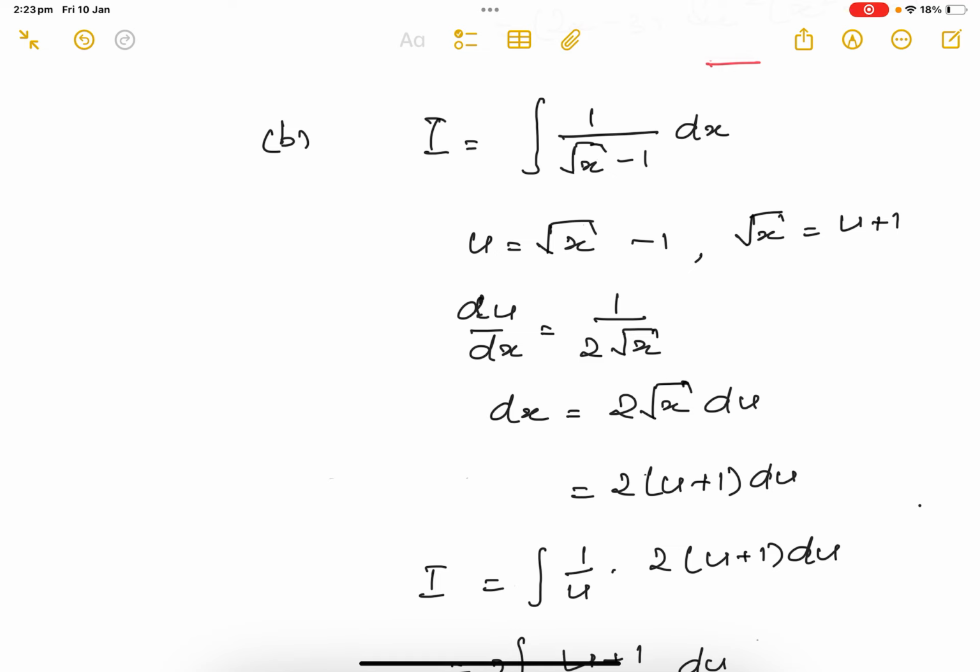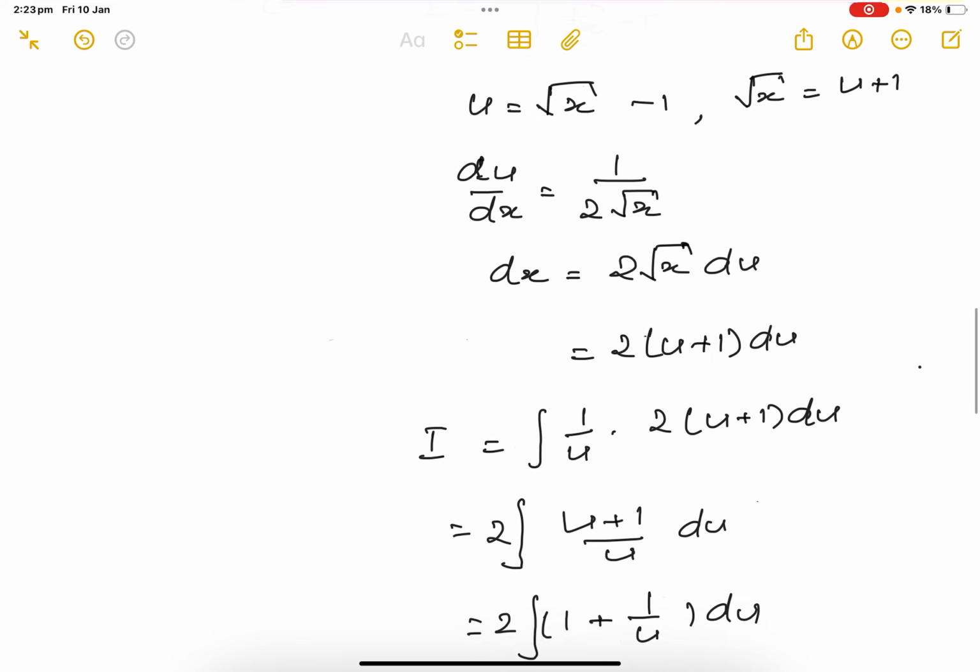From that, dx, by cross multiplication, equals 2 root x times du. If we cross multiply, dx times 1 is dx, and du times 2 times root x. So dx equals 2 root x du.